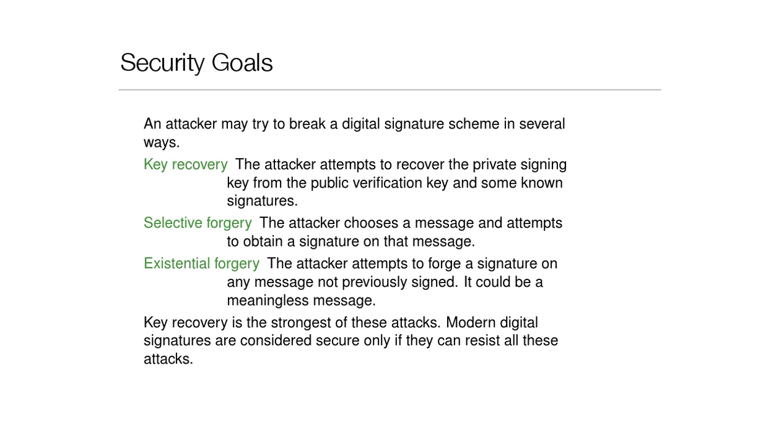So I want to create a legitimate signature on that message only, not on other messages, not my attendance, not anything else, but only on the message of my transcript. That is called selective forgery. I choose the message I want, and I try to create a legitimate signature on it. If I can do that as an attacker, I am successful.